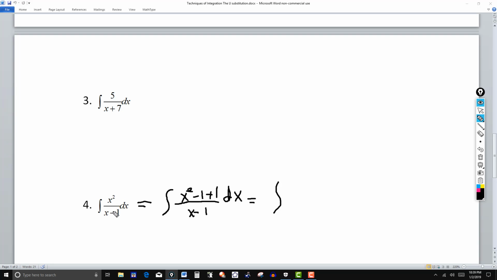So in this case, I can write this as x squared minus 1 over x minus 1, plus, I'm just breaking this up here, these go together over x minus 1, and the 1 goes over x minus 1, 1 over x minus 1.